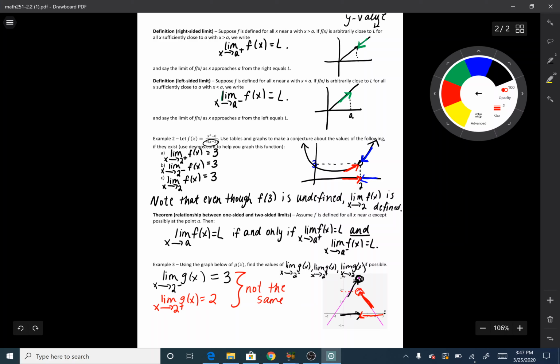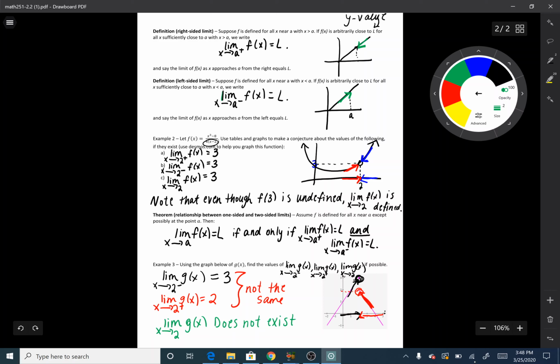And according to the theorem that we just talked about, if these two limits do not agree with each other, that means that the limit as x goes to 2 in general of g of x does not exist, because the left-sided limit and the right-sided limit do not agree with each other.